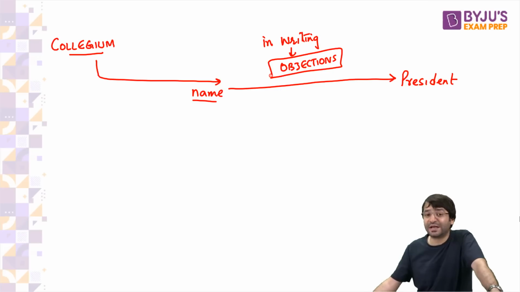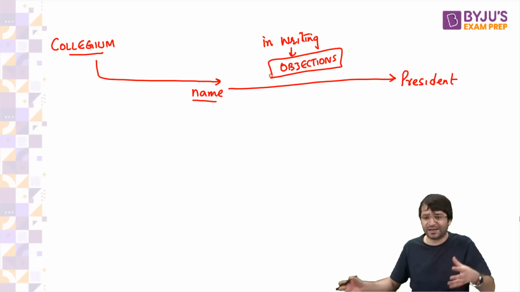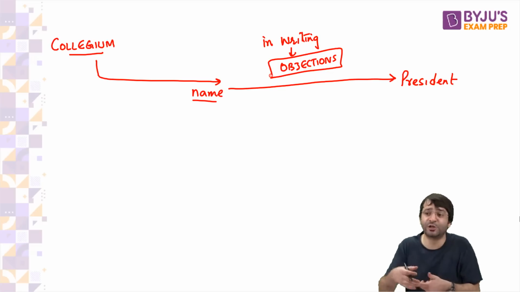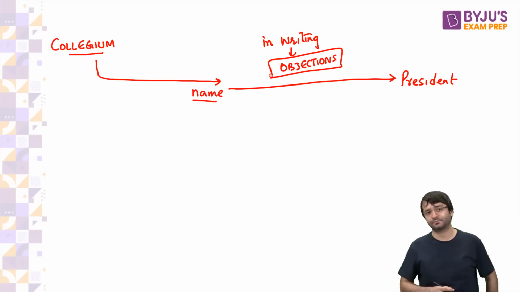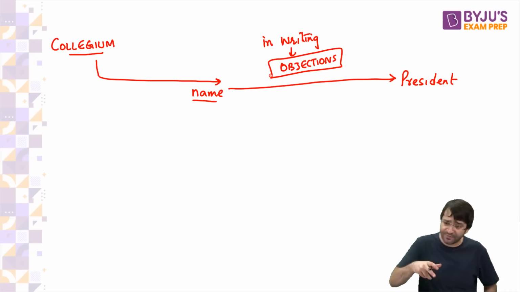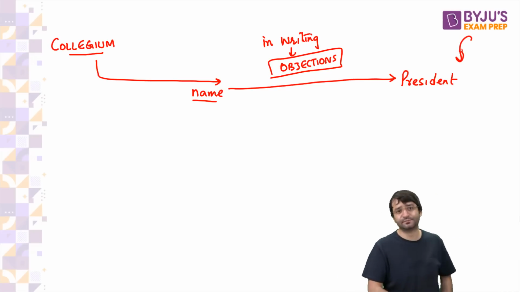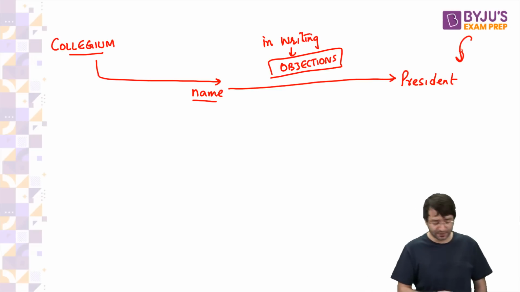There are people who say, despite the Collegium system, which the Supreme Court said is very important for the independence of judiciary, despite this, the judiciary is not independent. Even without having any say in the appointment process, it is the executive which is powerful. How is the executive powerful?